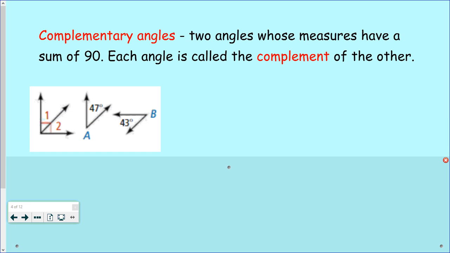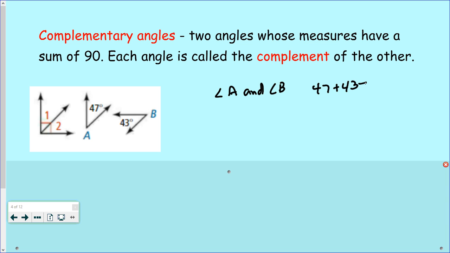Diagrams that show complements. Here, angle A and angle B are complements because 47 plus 43 equals 90. And in the other picture, angle 1 and angle 2 are complements.